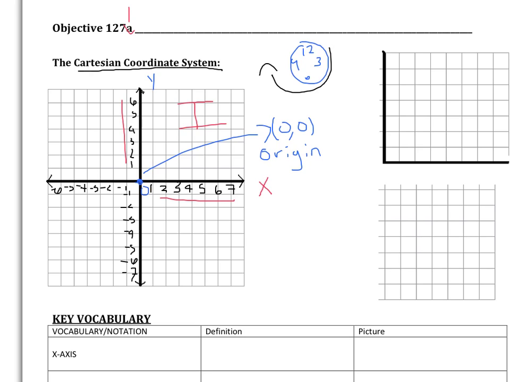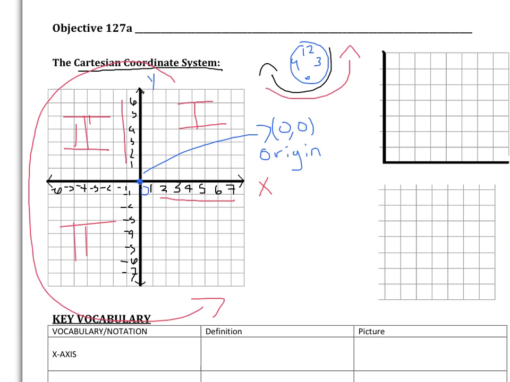So when we do this system, we're actually going to move the opposite way, this way. That means we're going to have the coordinates move to the left. So this would be our second quadrant. This would be our third quadrant. And this is our fourth quadrant.